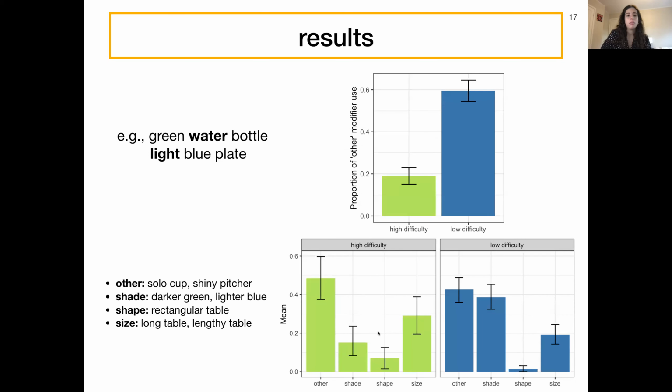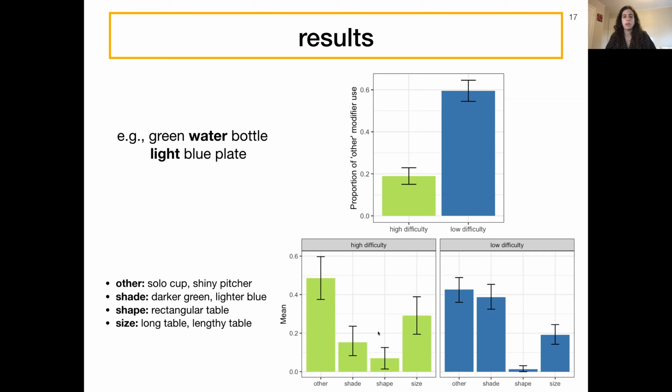In the second step, we manually checked for the use of modifiers other than color and material adjectives. We found that on 40% of all utterances, participants used a modifier of a different kind to reference the target. These modifiers included shape, size, shade, and type modifiers. For example, they said the shiny picture instead of the metal picture, or the solar cup instead of the plastic cup.